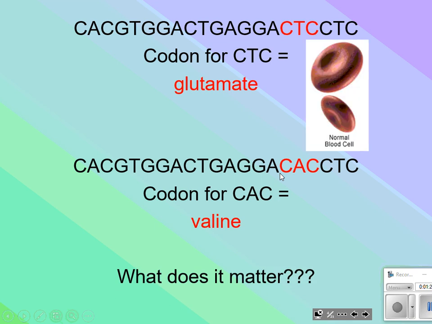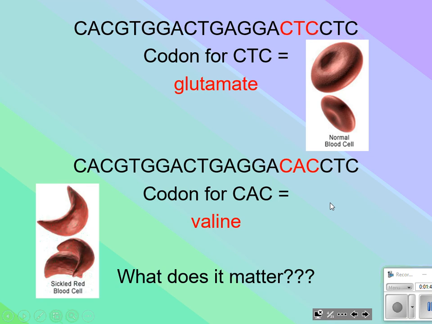Now, looking at this, up at the top, that is a normal red blood cell. So this is part of the code for a normal red blood cell. Have you ever heard of sickle cell anemia? Right here is the sickled cell.